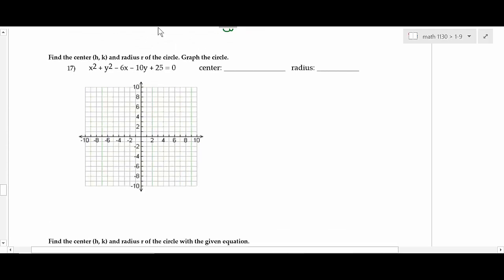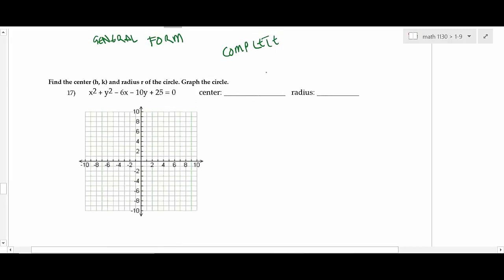Okay, so this one, we're going to do what we call completing the square. You want to write this together like this. We have x squared here, and you want to put all of the x's together.